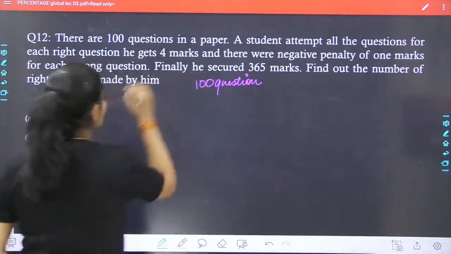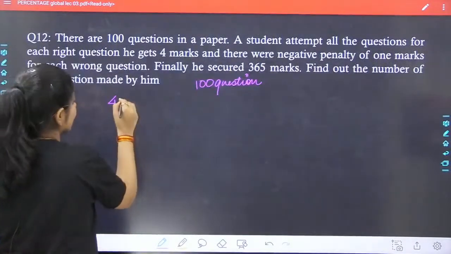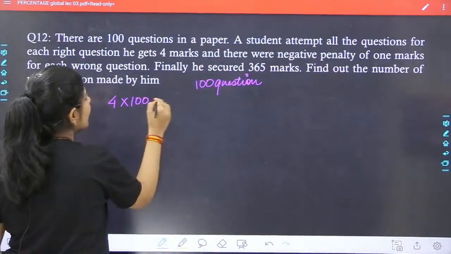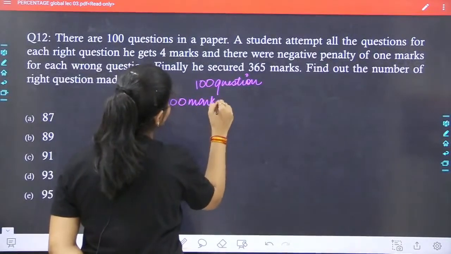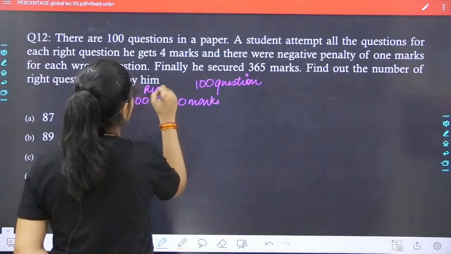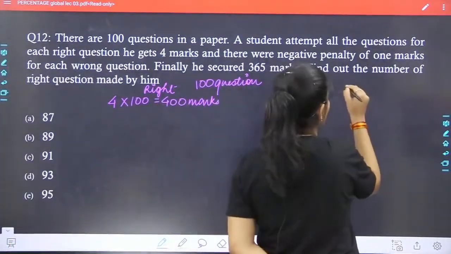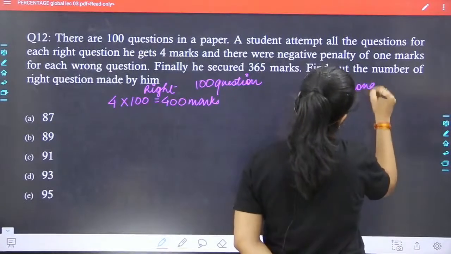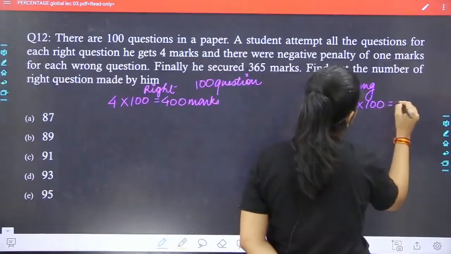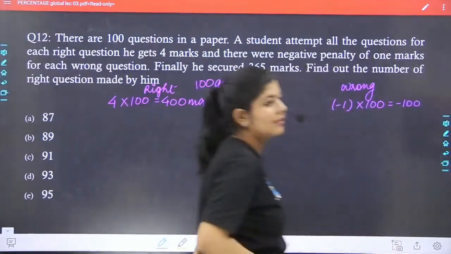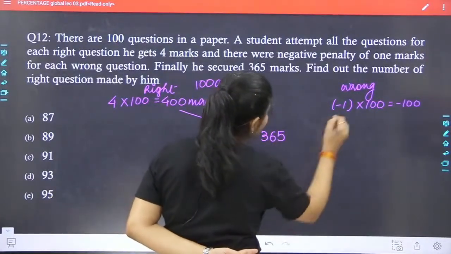If he made all the questions right, he will get 4 marks for each question, that means for 100 questions he'll get 400 marks, right? If he attempts all questions wrong, he will get -1 for each, and for 100 questions he will get -100 marks. But he secured 365 marks.